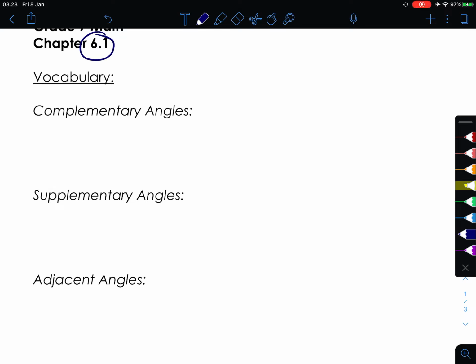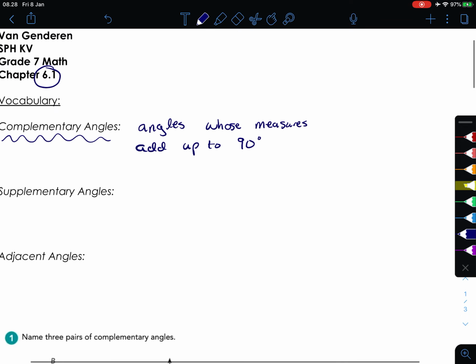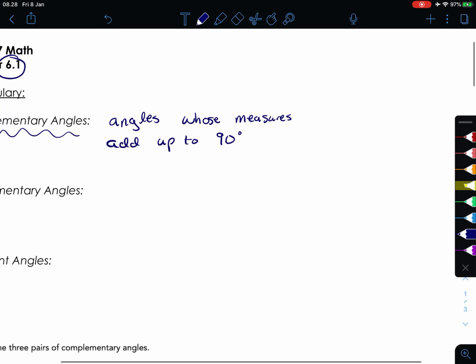Complementary angles, you might recall this. Complementary angles are angles whose measures add up to 90 degrees. Let's draw a couple examples here.